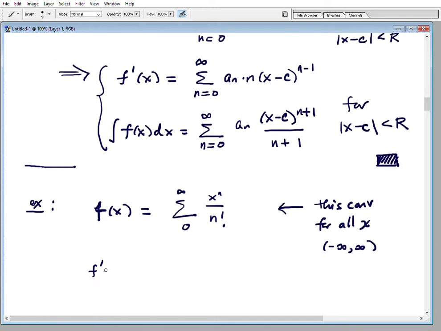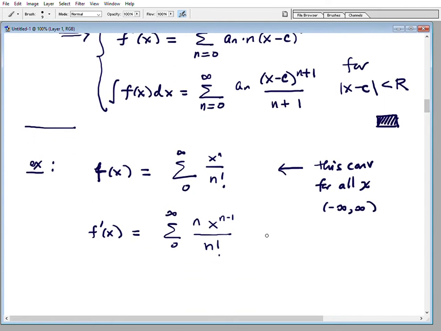Let's look at f prime of x for this example. f prime of x is just term by term. We have n x to the n minus 1 over n factorial. So what do we end up with? We have canceling. This is n times n minus 1 factorial, so the first n cancels with this n.